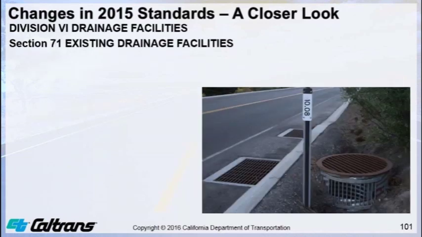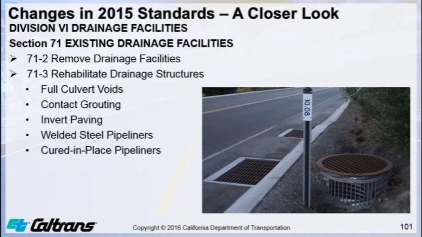Division 6, drainage facilities, section 71, existing drainage facilities. The 2015 section 71-2 removed drainage facilities. This all came from 2010 section 15 2.02 remove. 2015 section 71-3 rehabilitate drainage structures.